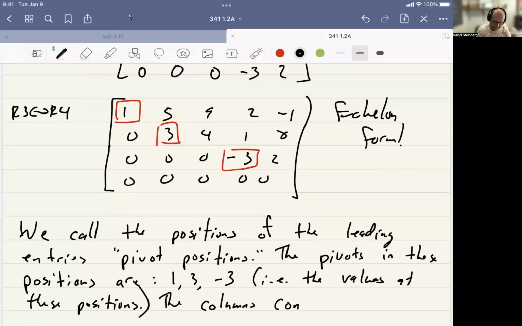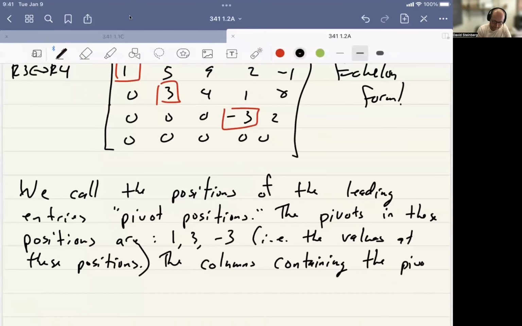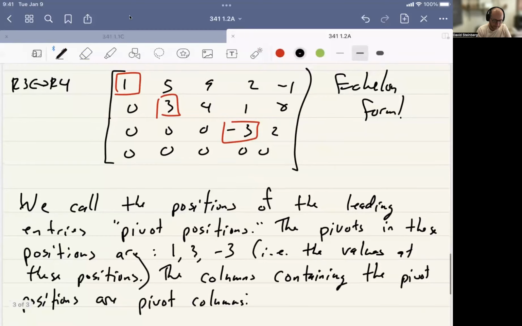You can talk about having pivot rows too, but somehow that's less interesting. In this case, the pivot columns are column 1, column 2, and column 4.